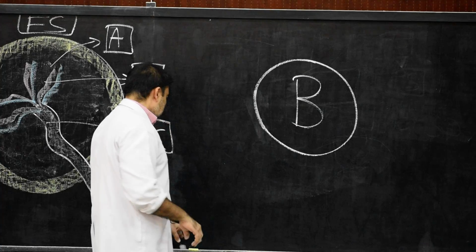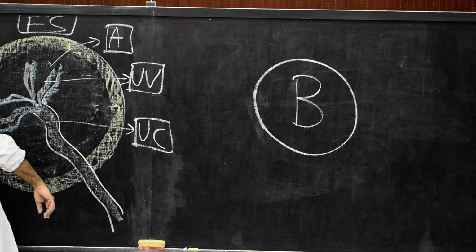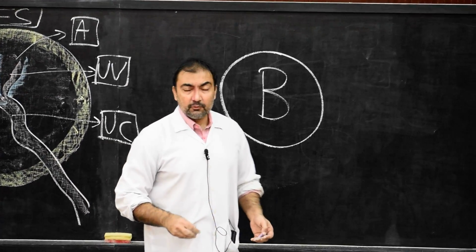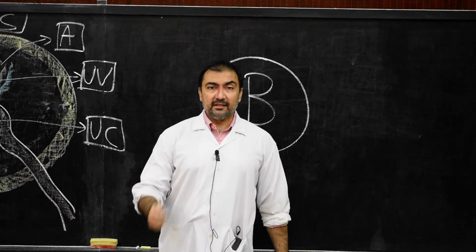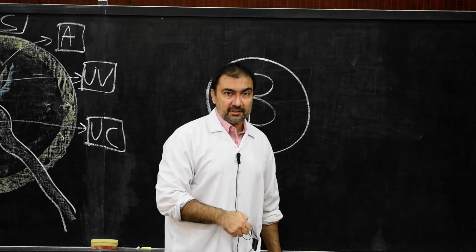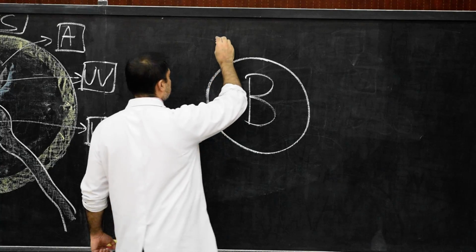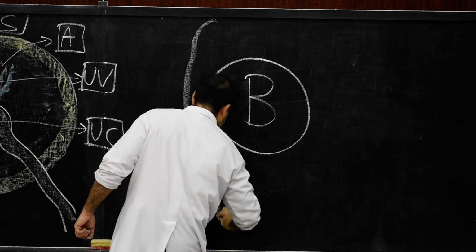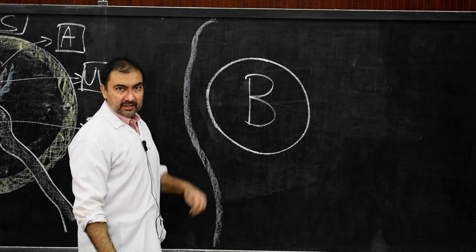Now, the uterus, which I am going to draw, and we know the type of implantation. What is the type of implantation in humans? It is neither eccentric nor central, it is interstitial. So this is the uterine wall.